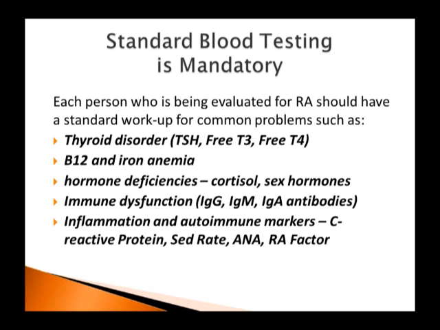Now, most of the time, people who've been diagnosed with RA will have had some of these tests done. The rheumatologist may have run RA factors or ANAs or SED rates, so that kind of stuff is done already. They're often not tested for the thyroid by using the free T3, the free T4, or the TSH.